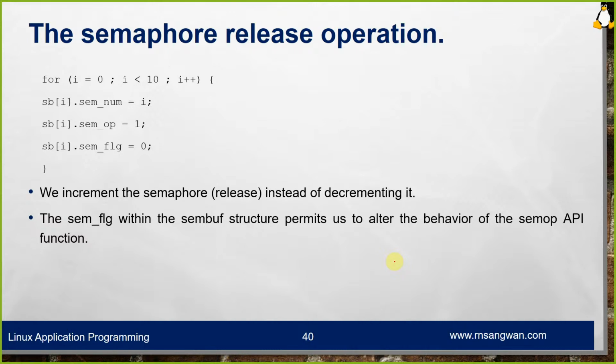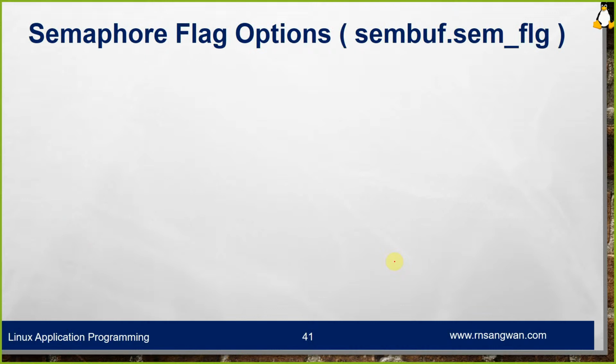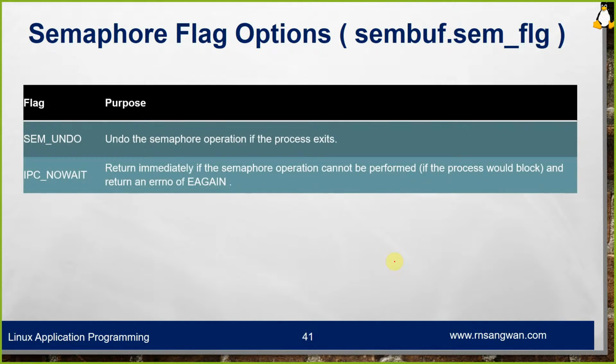The sem_flg within the semaphore buffer structure permits us to alter the behavior of the semop API function. The flag options, sembuf.sem_flg, are: SEM_UNDO, which undoes the semaphore operation if the process exits, and IPC_NOWAIT, which returns immediately if the semaphore operation cannot be performed.